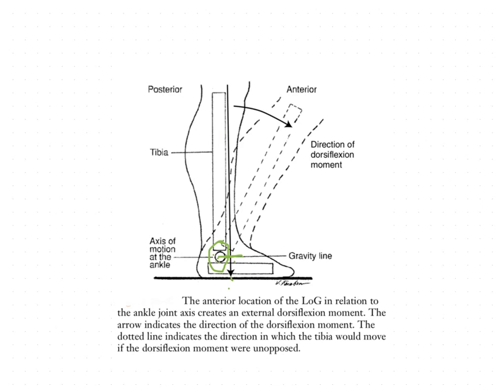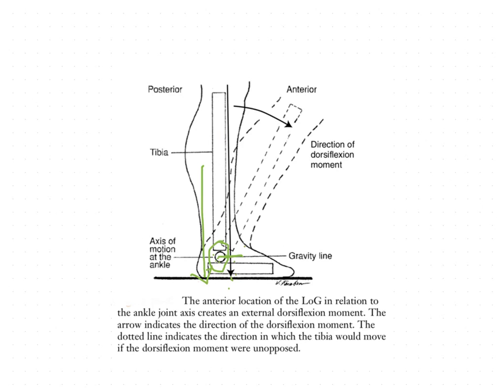The direction of the external gravitational moment of force depends on the location of the LOG in relation to a particular joint axis, whether this LOG is located on the anterior side or the gravity line is located on the posterior aspect.